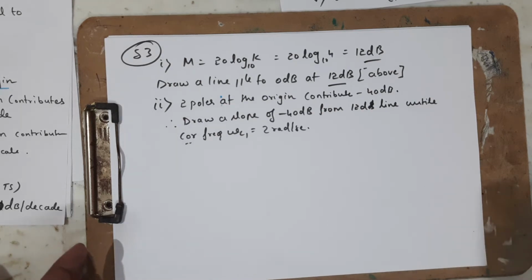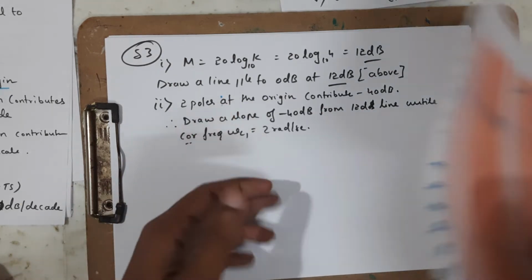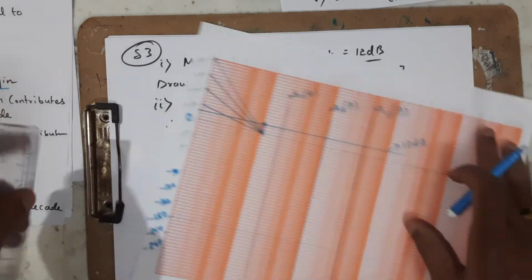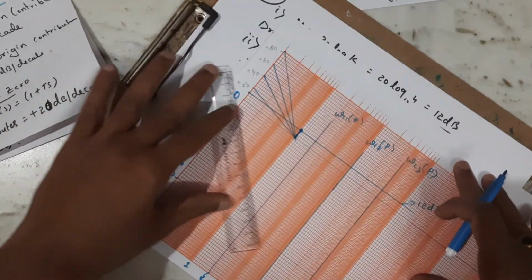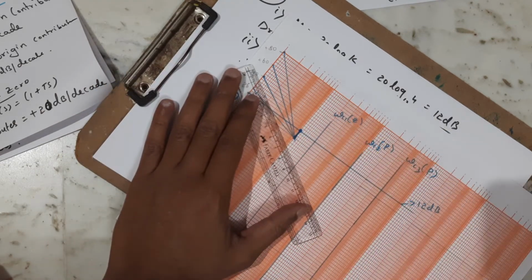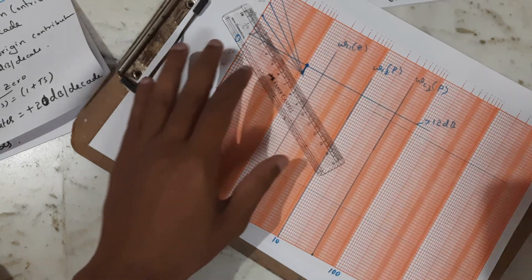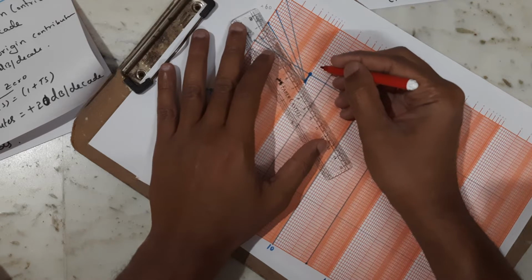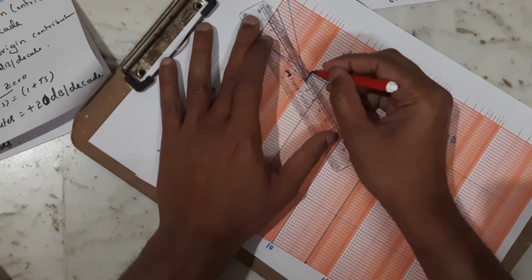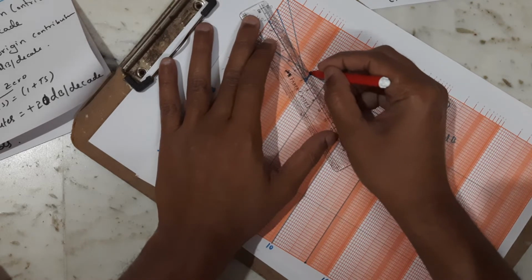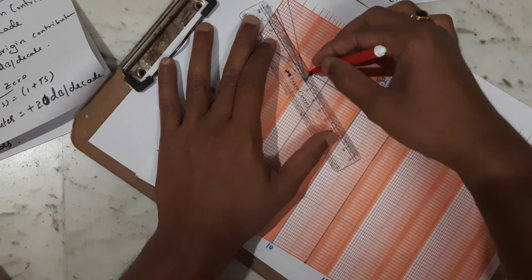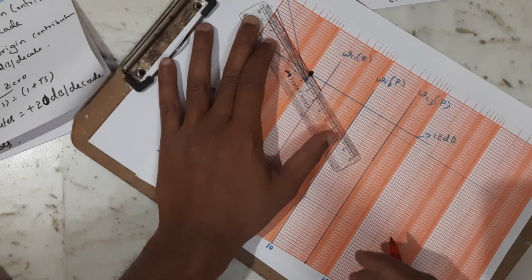Now I need to locate the 2 poles at the origin. It contributes minus 40 dB. Therefore, from the point I identified in the previous step, I am going to draw a line with a slope of minus 40, and extend it until it touches corner frequency 1.